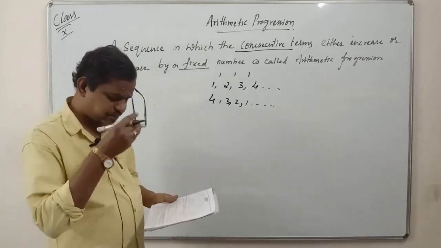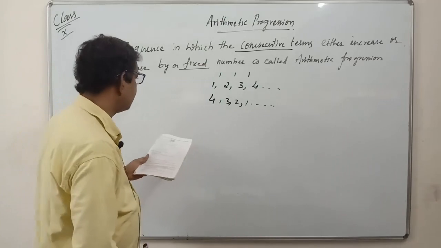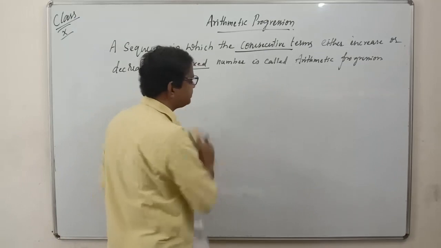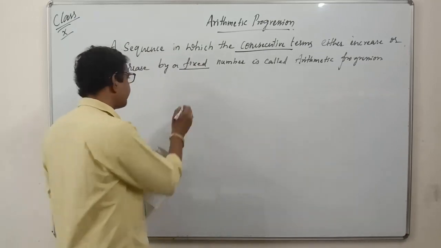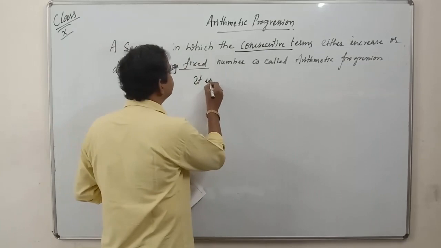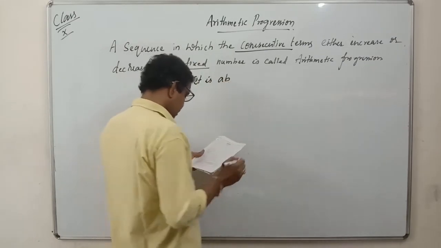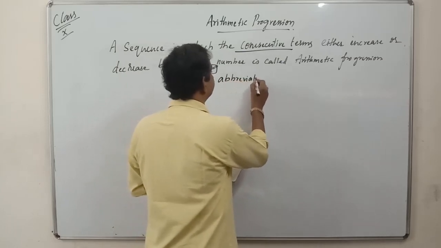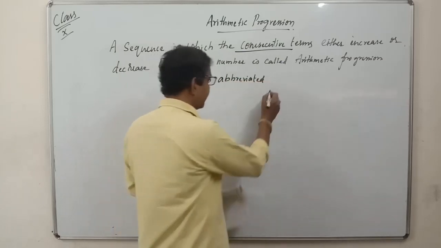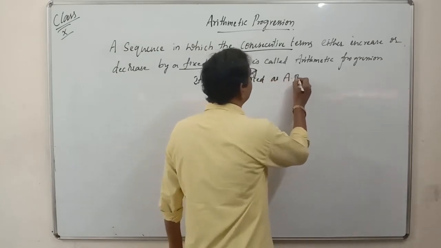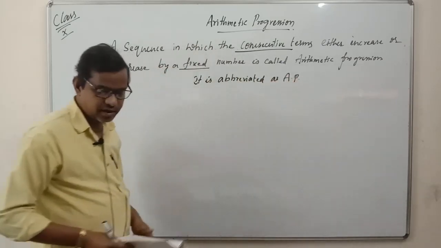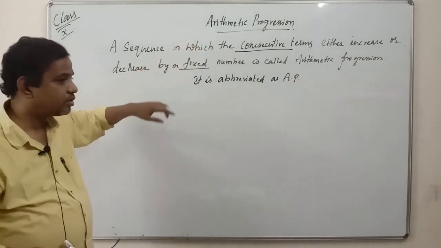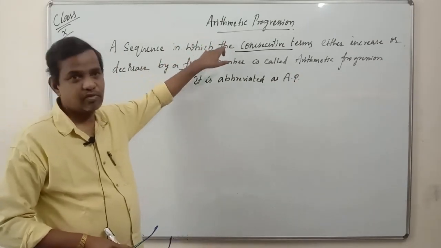It is abbreviated as AP. Abbreviated AP in the sense, generally when we are writing arithmetic progression, we won't go on writing arithmetic progression in words.